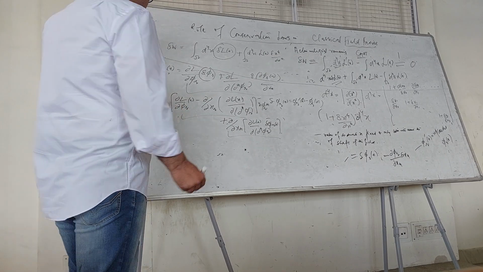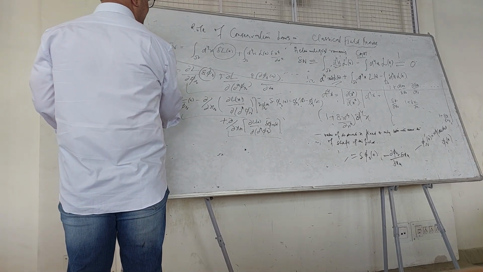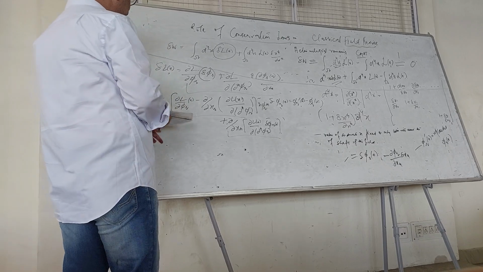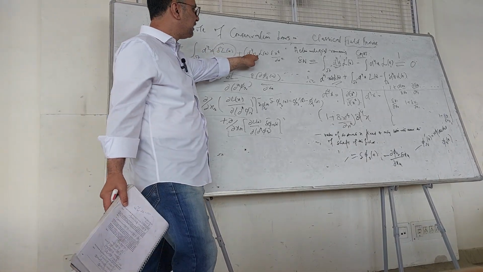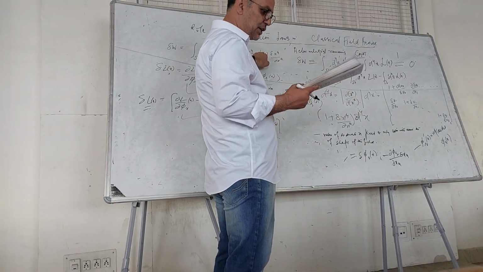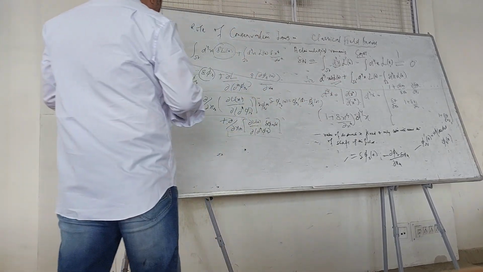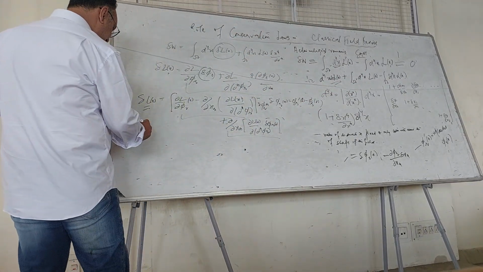And now this delta x we will substitute, one here, and one we have our L. If you do it here, this equation interestingly will take this form.